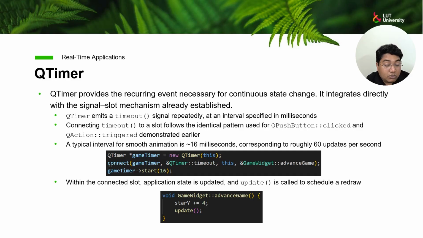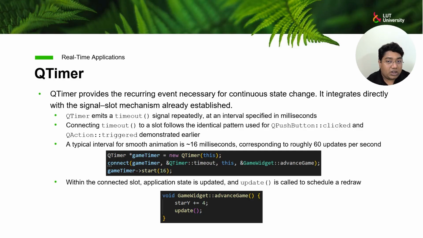We are still using signals and slots here. Nothing has changed. Earlier, our signal came from a button, but now the signal comes from a timer. The programming model is exactly the same. The only difference is that the event happens automatically instead of waiting for the user. Inside the connected slot, we'll usually update our application state.